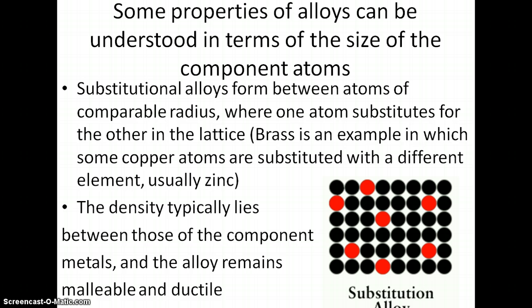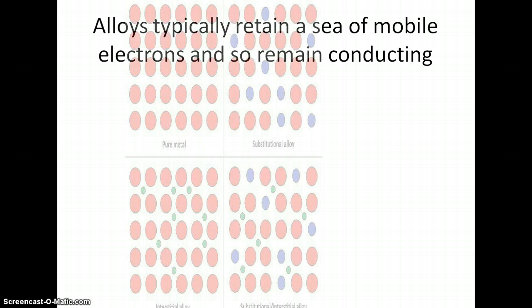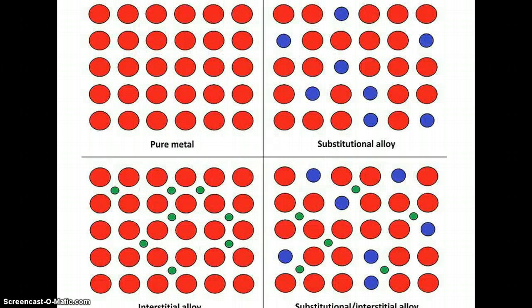And therefore, the alloy is going to remain malleable and ductile because all those electrons are still free to move around. All we did is replace one for another. We have nobody occupying the space and making the structure more rigid. Alloys are still going to have that sea of mobile electrons, and they're still going to conduct, therefore.